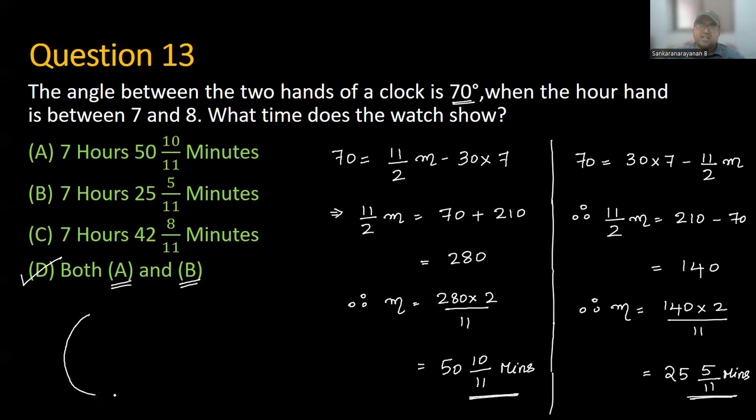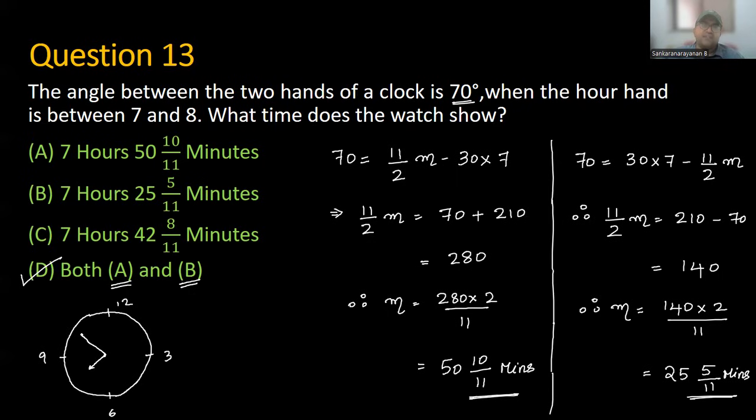So if I'm considering how it looks, see, this is 12, this is 3, this is 6, this is 9. For 7:50, I can consider that it will look somewhat like this, close to 8 o'clock.